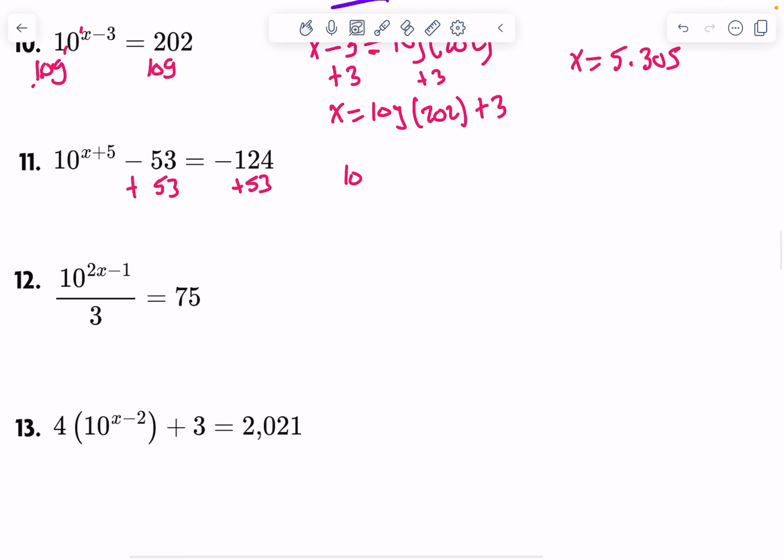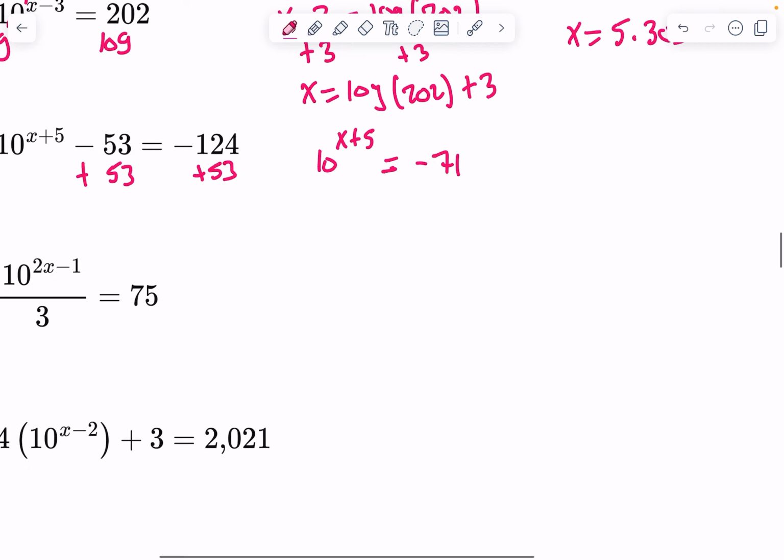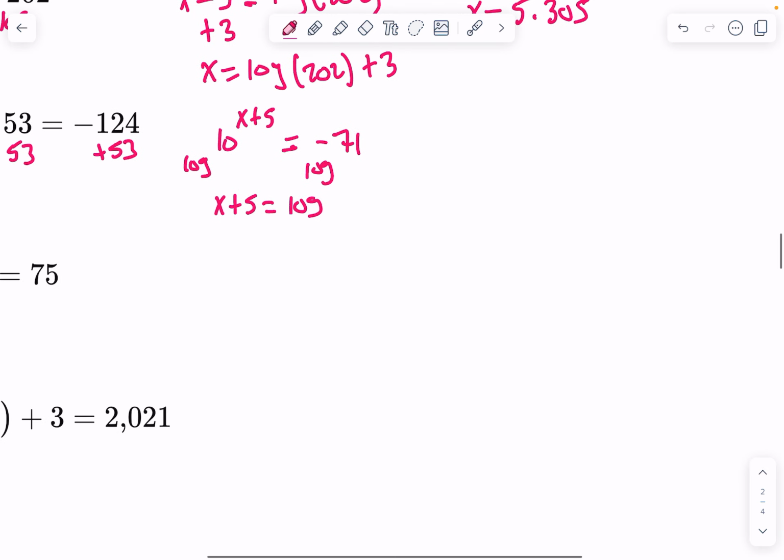So I get 10 to the x plus 5 is equal to negative 71. Now I can take the log. Log here. So then this becomes x plus 5 is equal to log of negative 71.